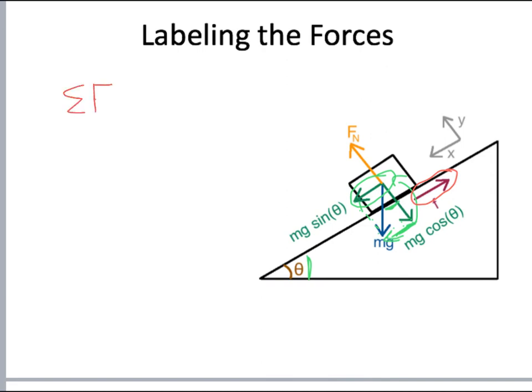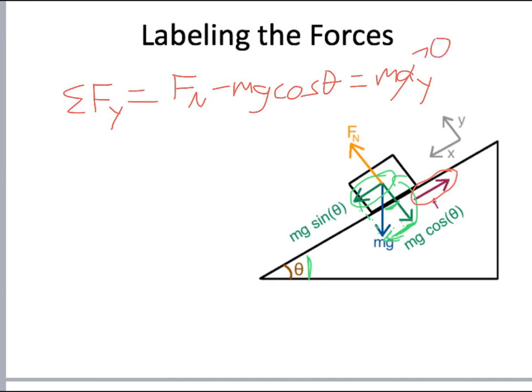If I do the sum of the forces in the y direction, that's just going to be Fn minus mg cosine of theta. That's equal to ma sub y, and that's equal to 0 because it's not leaping off the plane. In fact, the whole point of this problem is that we don't want the block to move. So we know the acceleration is going to be 0.